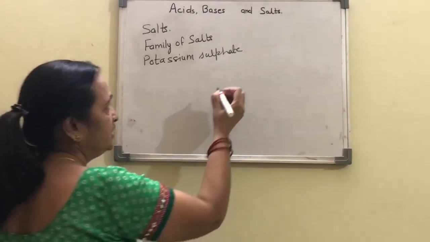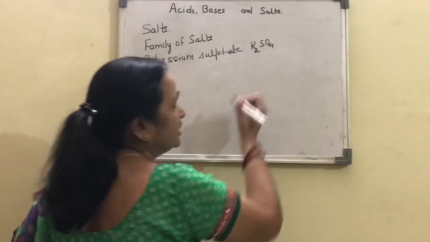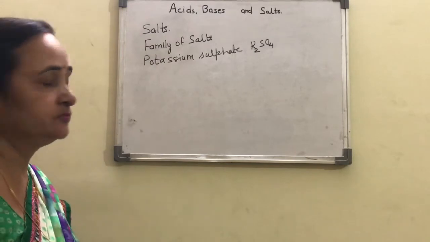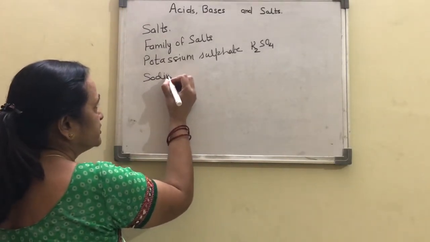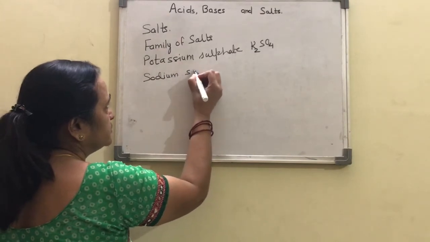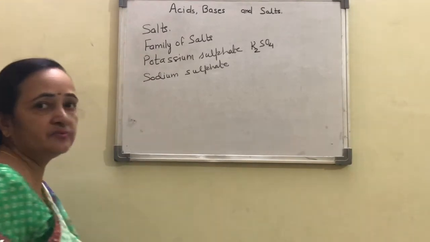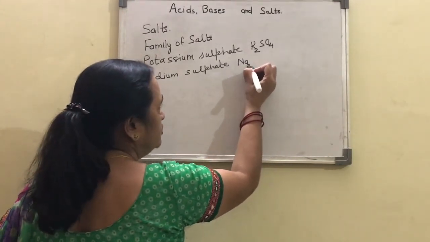Potassium sulfate, it is K2SO4. Okay, then suppose we have taken any other salt, that is sodium sulfate. Formula for sodium sulfate is Na2SO4.